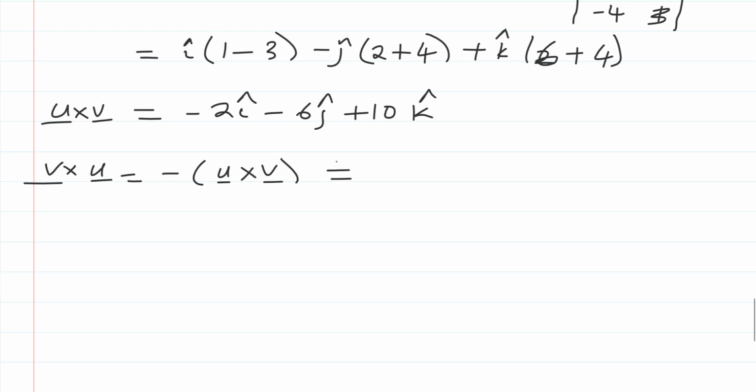So we just multiply that vector by negative. The first component will be positive 2i, the second component also positive, and the last component will be negative. So this is what we get for v cross u. All right, I think that's all for this segment. See you.